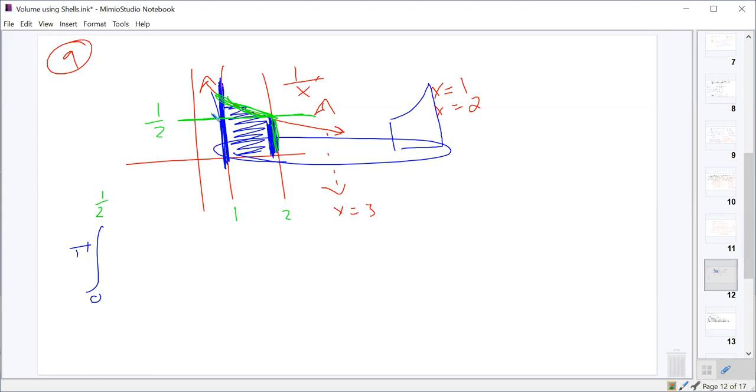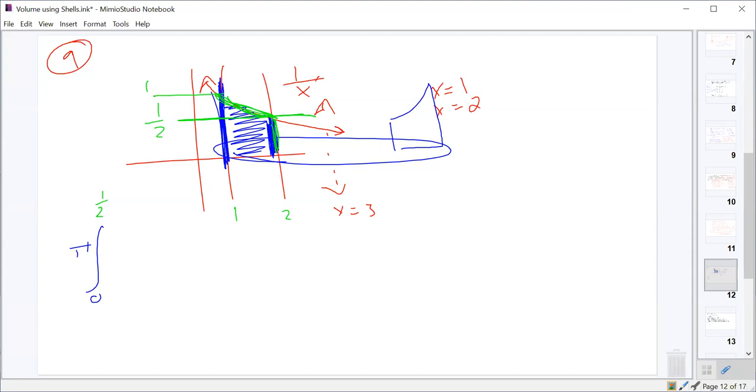But from y equals 1/2 to y equals 1, my inner radius is related to the function 1 over x. Does that make sense to everybody? So this has to be broken down into 2 different integrals, because the outer radius doesn't change, but the inner radius does. You all see that? And you remember doing some of these with area problems, yeah?